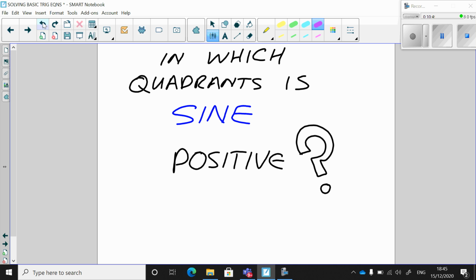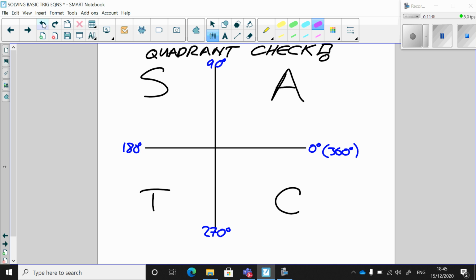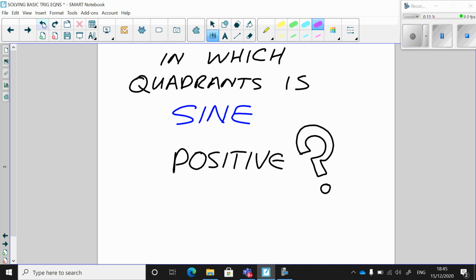But the thing is, we only dealt with positive cases there. So what we're going to do is use the fact that we know where sine, cos, and tan are positive. So this is me going through it. In which quadrants is sine positive? Well, we just saw that, without the graphs, so we always tick A for all and S for the sine graph.